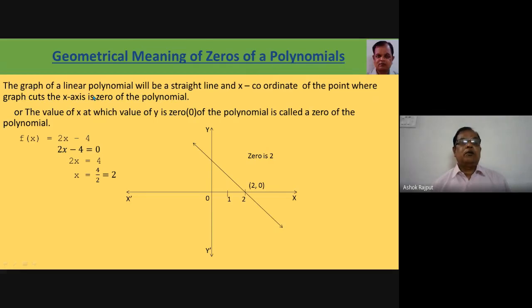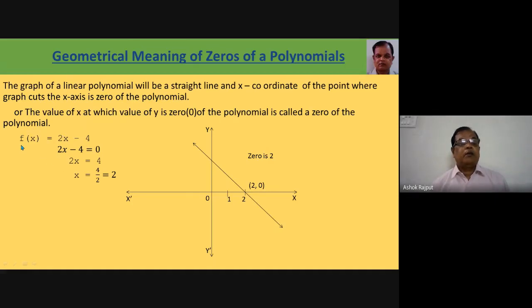The graph of a linear polynomial will be a straight line, and the coordinate of the point where the graph cuts the x-axis is the zero of the polynomial, or the value of x at which the value of y is 0. It is very simple. The value of x at which the value of y is 0 is called the zero of the polynomial. It is simple for understanding.